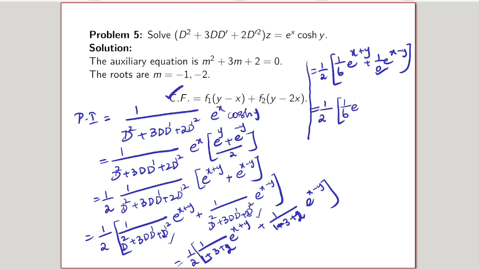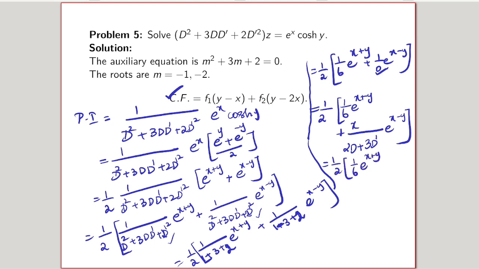1 by 2 into the first term, we can keep it as it is because the denominator is non-zero. For the second one we can write it as x by the derivative of the denominator, which is 2d plus 3d dash, into e power x minus y. So now if we substitute it here, it will be 1 by 2, 1 by 6 e power x plus y.